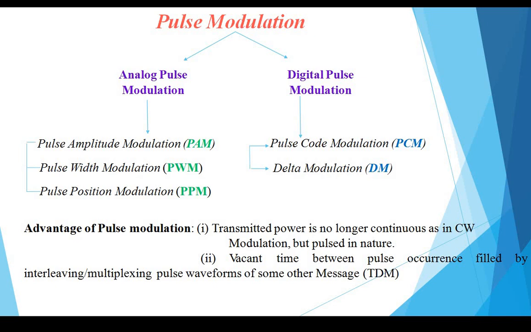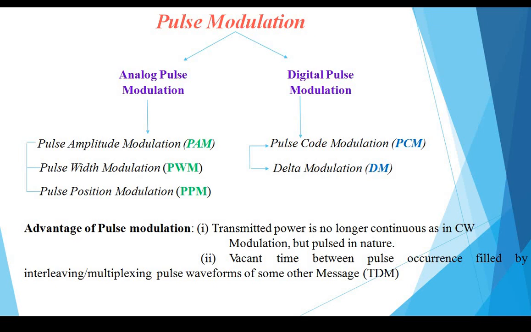In pulse modulation you again have analog pulse modulation and digital pulse modulation. The digital pulse modulation techniques we are going to see next semester in digital communication. For our syllabus in this semester we are going to see only analog. We are seeing complete analog communications, so we will see the modulation techniques used for analog modulation, both continuous wave modulation as well as pulse modulation.